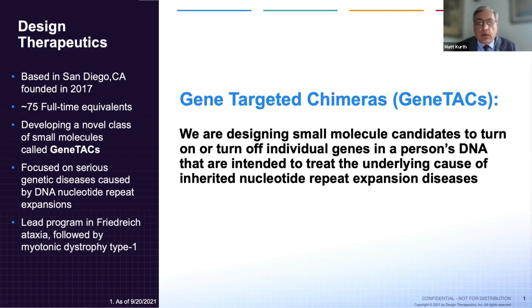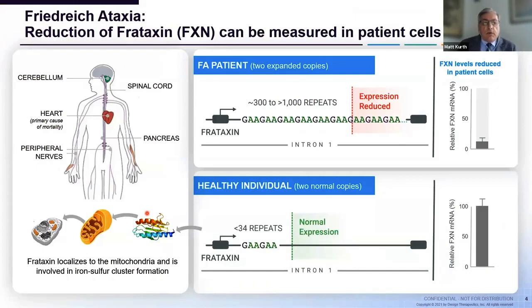Now, to give you an idea of what these molecules can do, let's review briefly a little bit about Friedreich's ataxia. As you know, Friedreich's ataxia is a multi-systems disease caused by the reduction of frataxin protein, which normally resides in the mitochondria and is an important part of the energy generating capacity of the mitochondria that's found in every one of our cells.